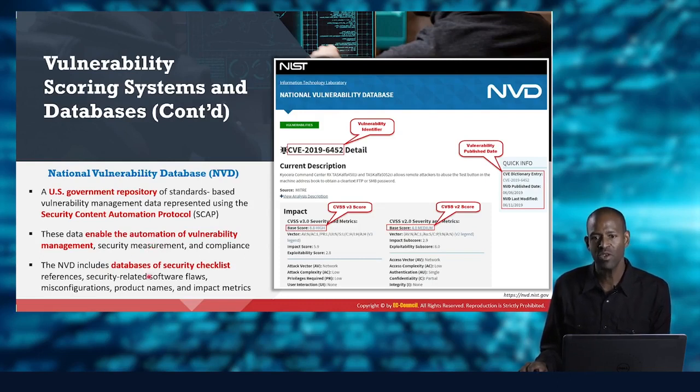There are checklists, references, looking at the flaws and misconfiguration issues, product names, and even the metrics. How much of an impact is this going to have? So from the National Vulnerability Database, other vulnerability databases, you can find this information. An attacker can use it to attack. A network defender can use it to defend.